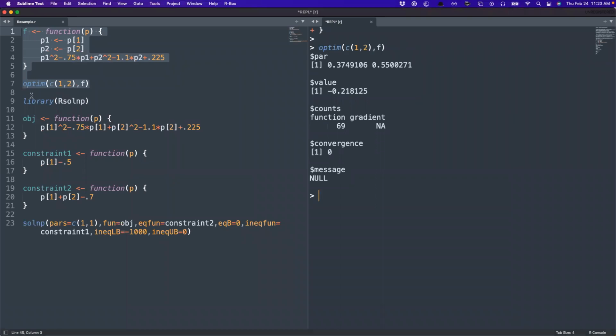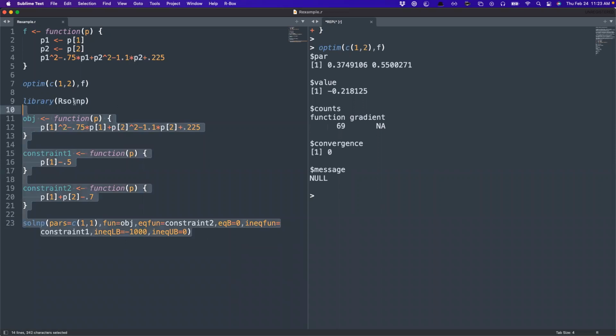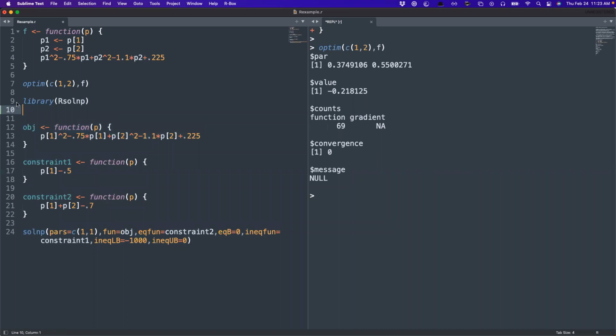This time I'm going to use a slightly different solver that allows you to use constraints, and you can write your objective function and your constraints explicitly as these functions. I'll use the solver here, and I'll just show you.